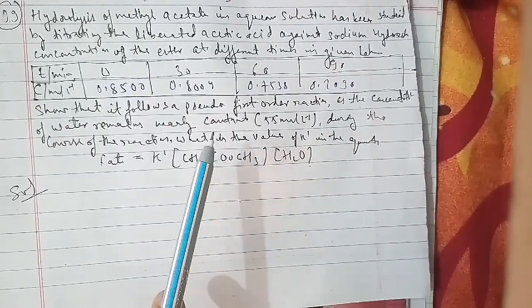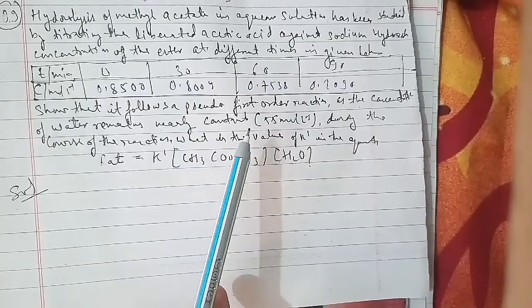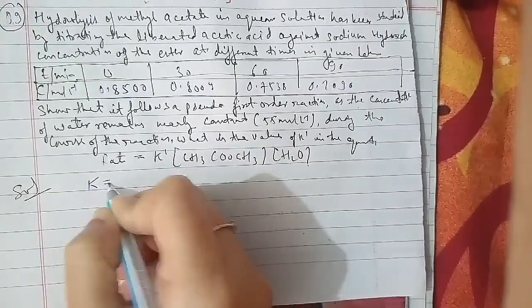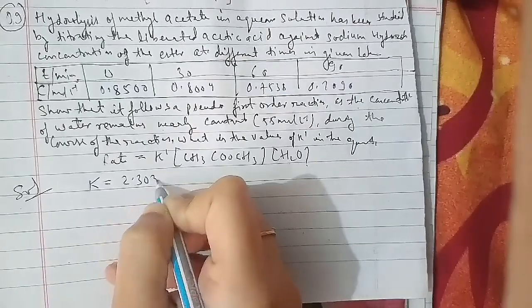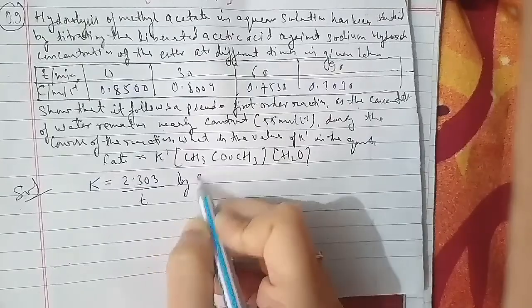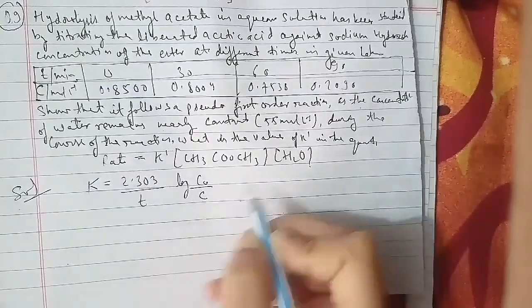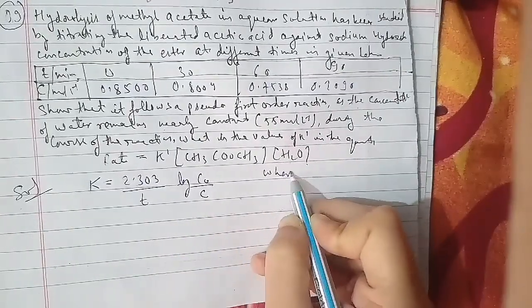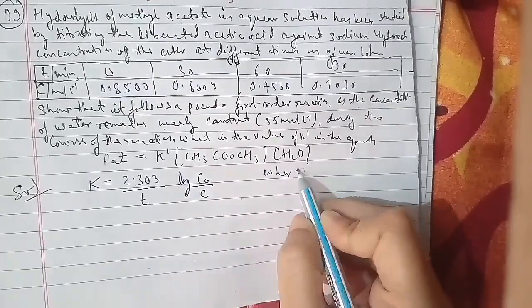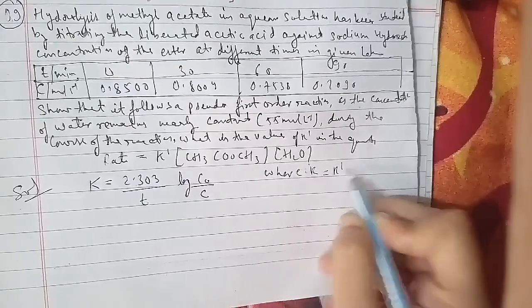The rate constant K for the pseudo first order reaction is as follows: K equals 2.303 upon t log C naught upon C, where K equals K dash H2O that we have.